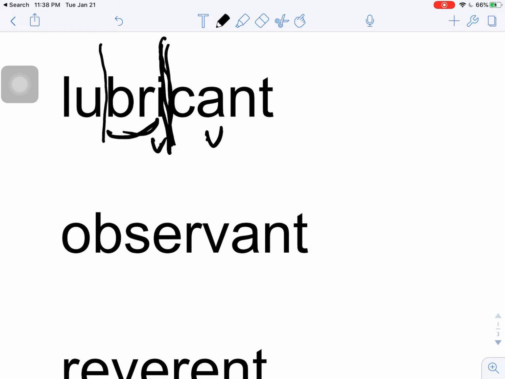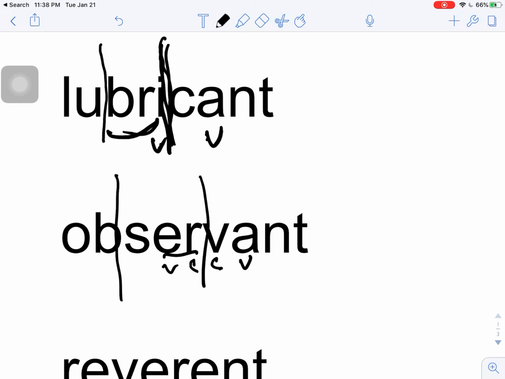Observant. I would say observant. Now, this reinforces that I've got two consonants here between these vowels, and I'm going to split between them.